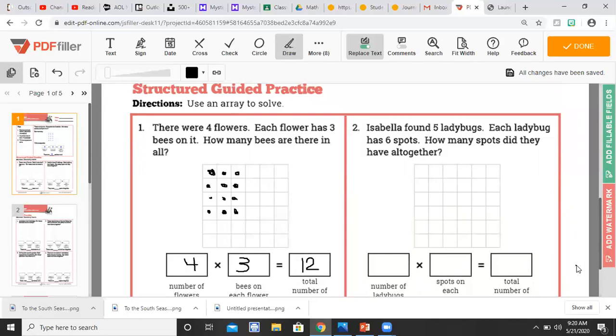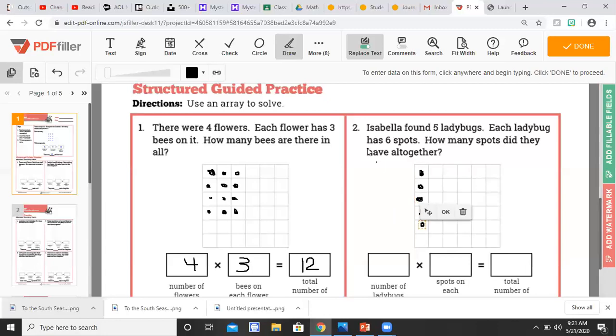All right, let's take a look at number 2. Number 2 reads, Isabella found 5 ladybugs. Each ladybug has 6 spots. How many spots did they have all together? Okay, so we know she found 5 ladybugs. That's important. So I'm going to do 5 rows representing my bugs.